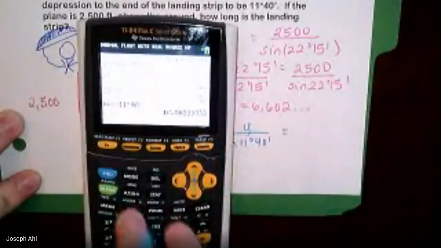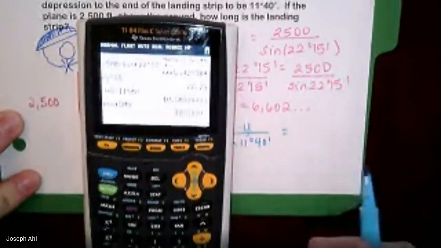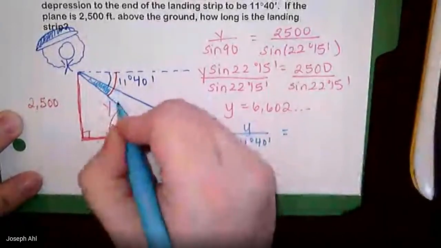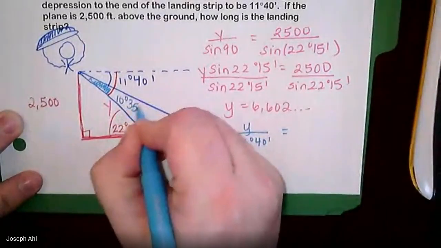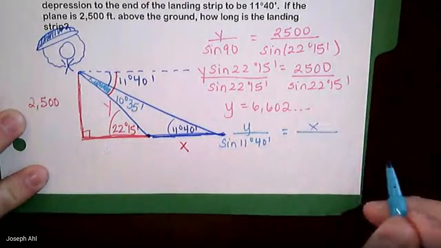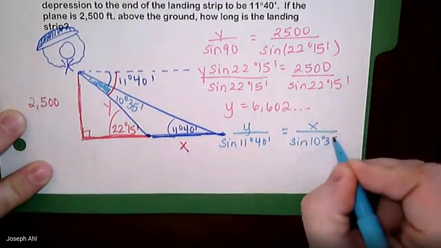So one more time, second apps, choice 4 converts it to degrees, minutes, seconds. And now I know it's 10 degrees, 35 minutes. So you would do x over the sine of 10 degrees, 35 minutes.